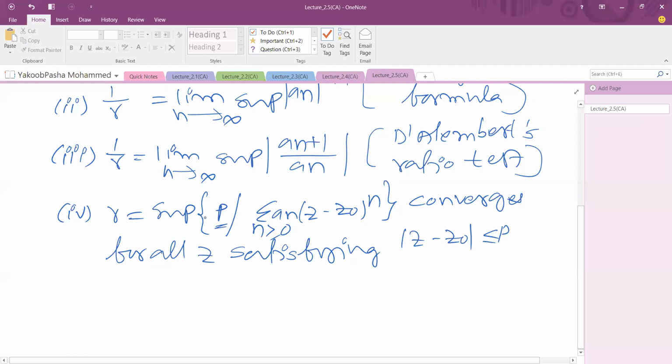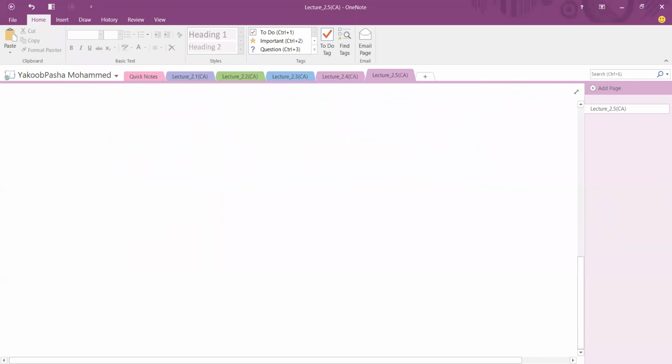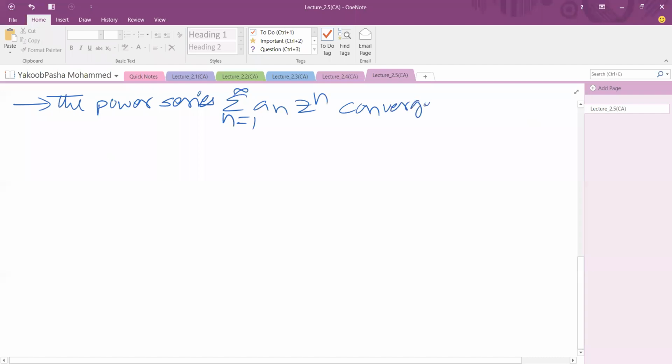Now the power series, summation n equal to 1 to infinity a_n z^n, converges for all values of z such that modulus of z is less than R, where R is the radius of convergence of the power series.